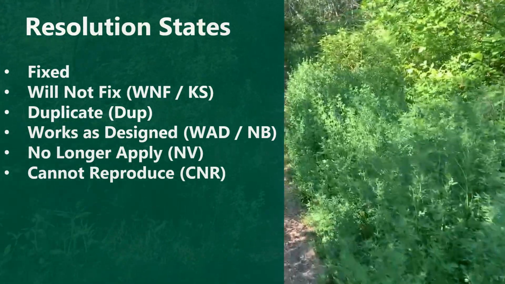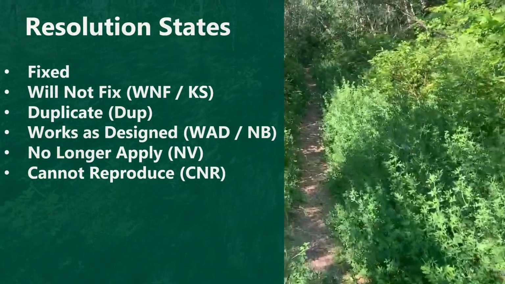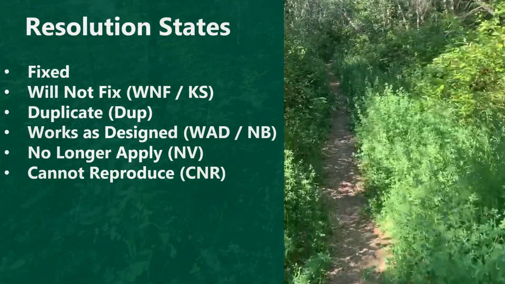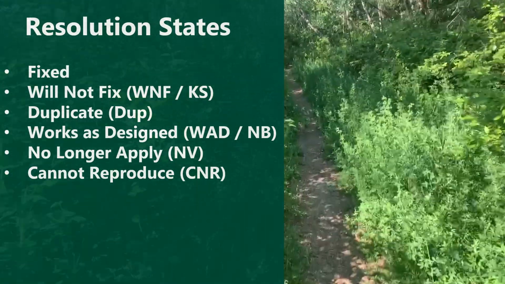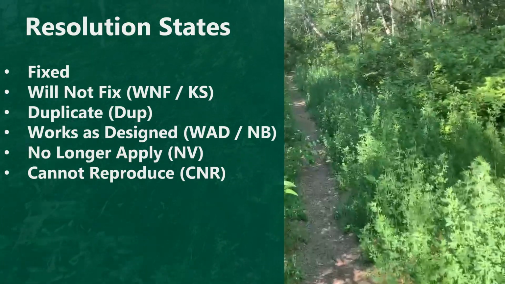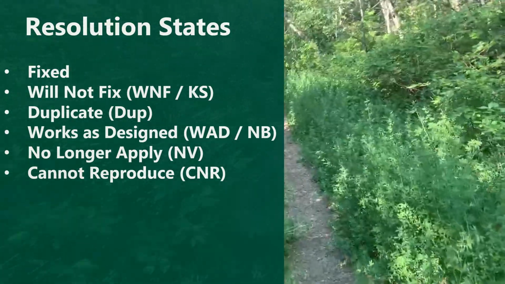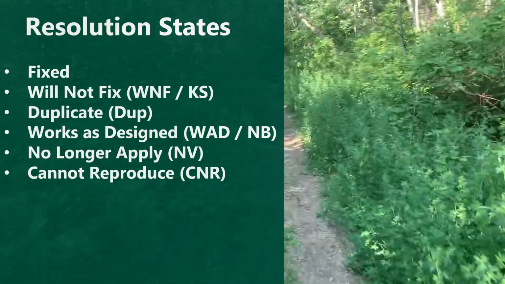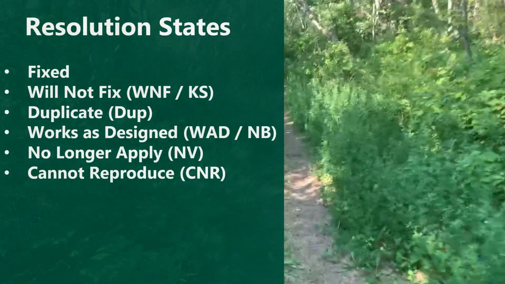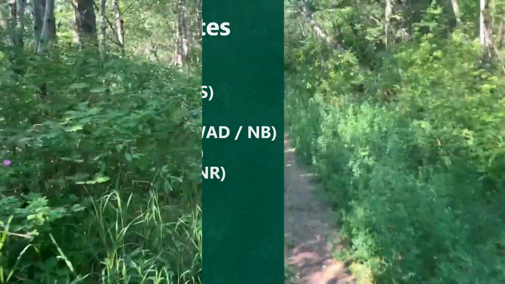Even though this seems like doubled up work, it actually does give the tester a starting point from which to retest something. So this is a potential use for that cannot reproduce, that CNR state, because you can resolve really old bugs into that state to get a reproduction test done. It's not necessary, but it can be done that way.